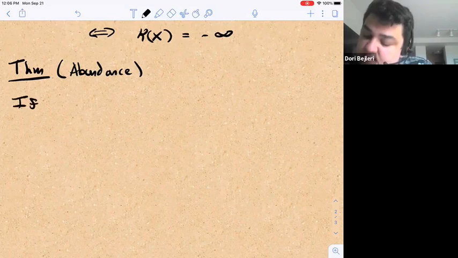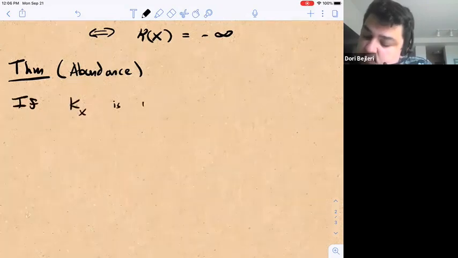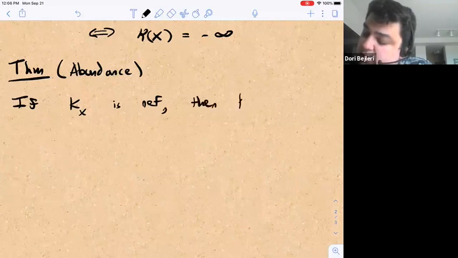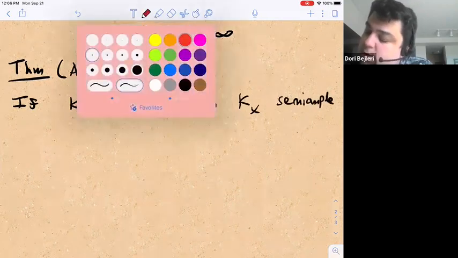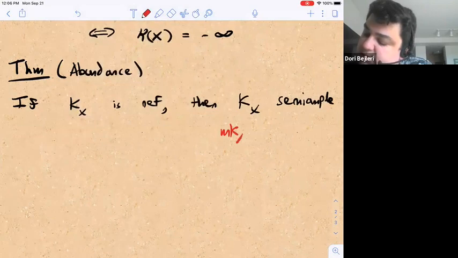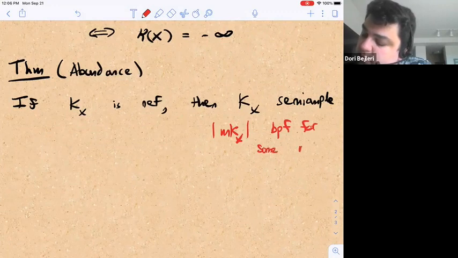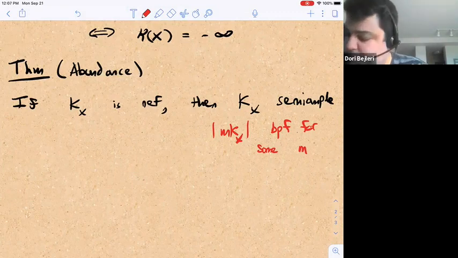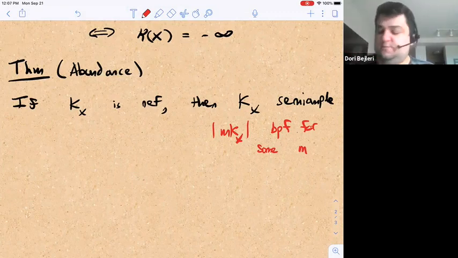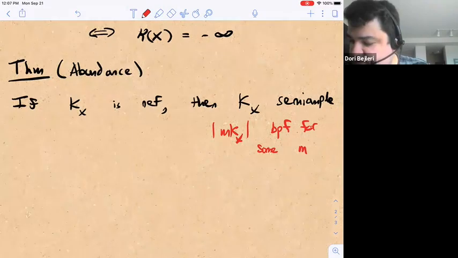So it tells us that if K_X is nef, then K_X is semi-ample, i.e. mK_X is base point free for some m. Okay, so those will be our goals for this week, proving these or sketching the proofs of these theorems.